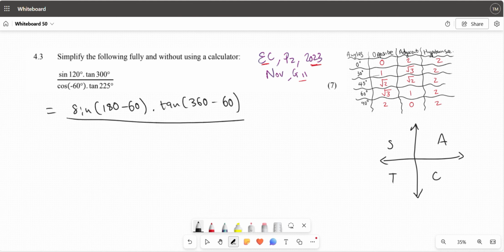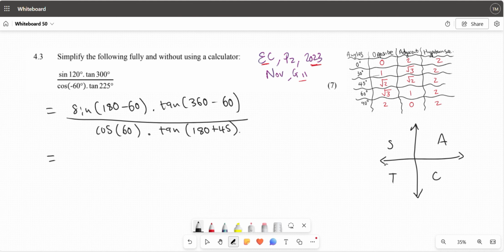Again, 60 is a special angle. Then this is a negative angle, and what we remember from our negative angle is that if you have cos and it has a negative angle, it just becomes cos of the positive angle. Then we still have our tan 225. I'm going to reduce that with 180 plus 45. So we've done our reductions that we need to do there.